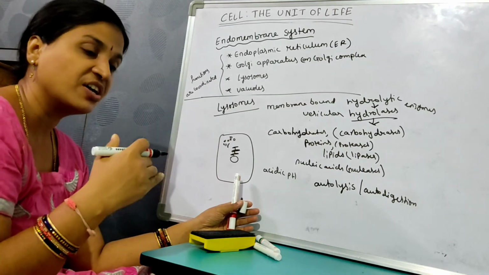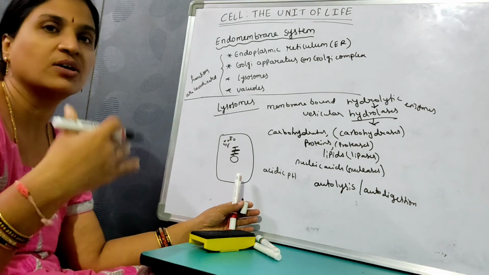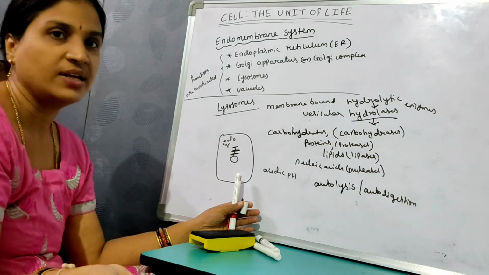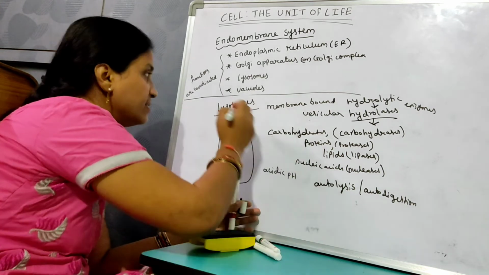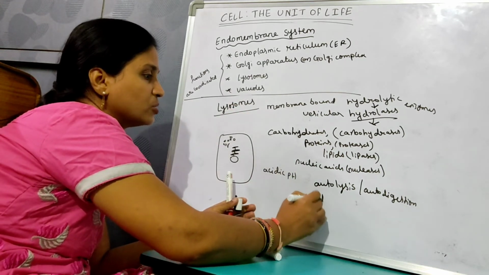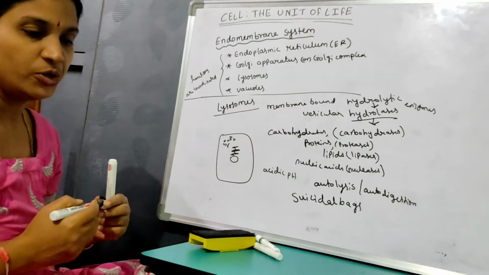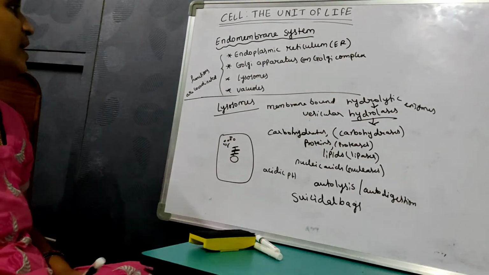Or when starvation conditions are there, the lysosome releases the hydrolytic enzymes and digests the cellular contents, ultimately causing cell death, which is autodigestion or autolysis. Hence these lysosomes are also called suicidal bags, because they cause autodigestion. These are nothing but the lysosomes.